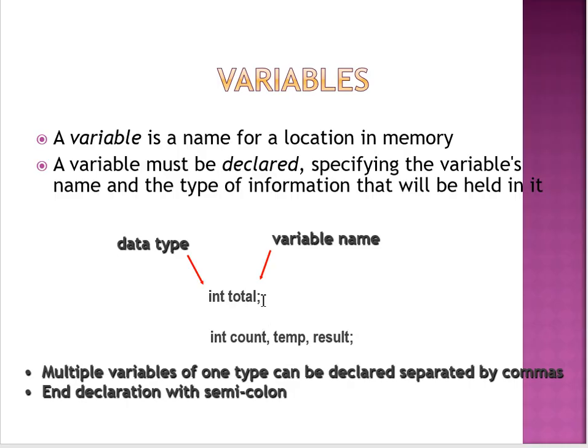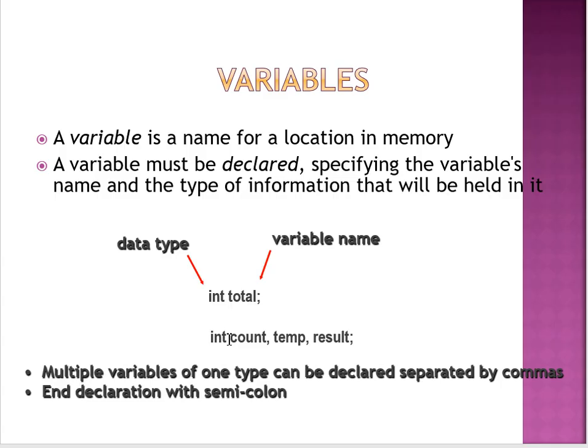Of course, when you declare it, never forget the semicolon. It can make a lot of things very different if it is missing. Now, multiple variables of one type can be declared separated by commas, like what is indicated there. So you can actually declare multiple variables with one data type.